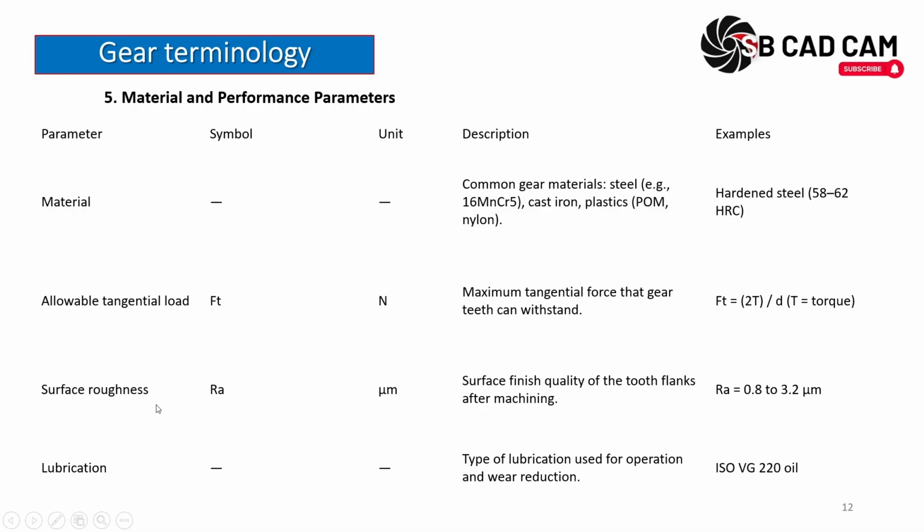Surface roughness, it depends on the roughness that you need. So it is between 0.8 and 3.2. In reality, there are a lot of types of roughness.